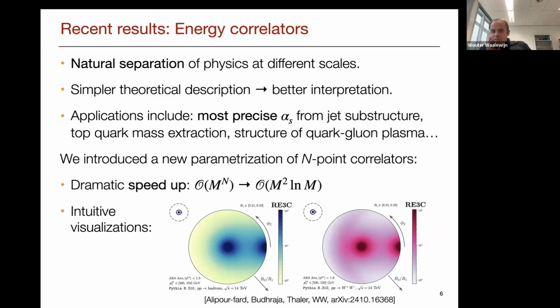But with this new visualization, you can even see differences between different jet samples just by eye. On the left, this is a QCD jet, and on the right is a W boson jet. And you can see that there's this C-shape ring on the outside that is really coming from the W boson mass.